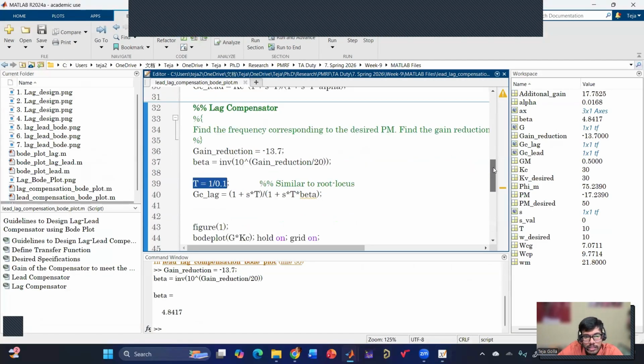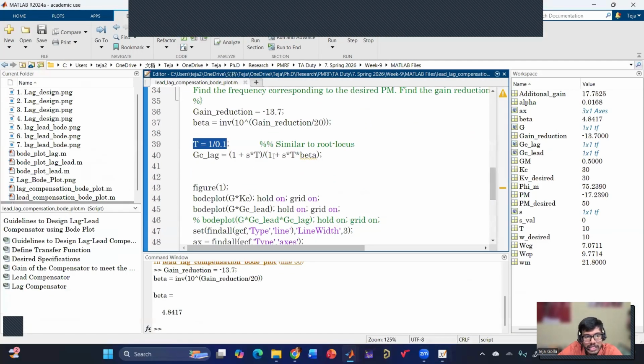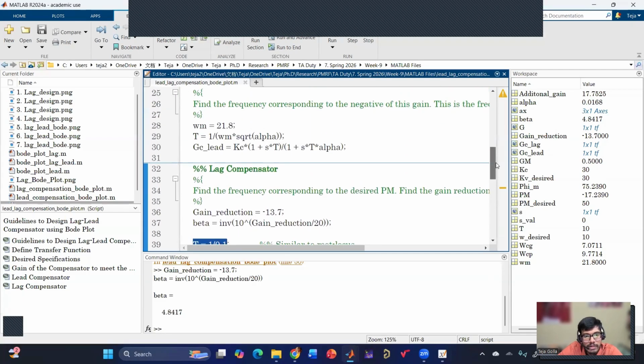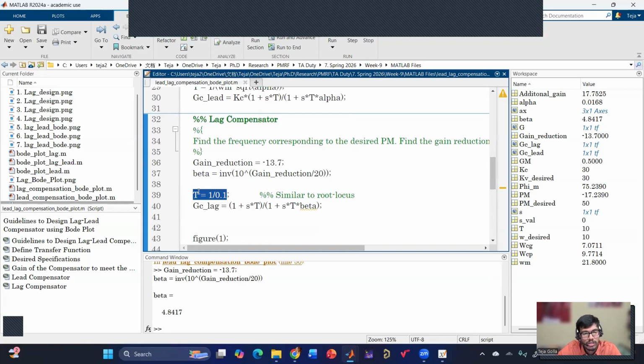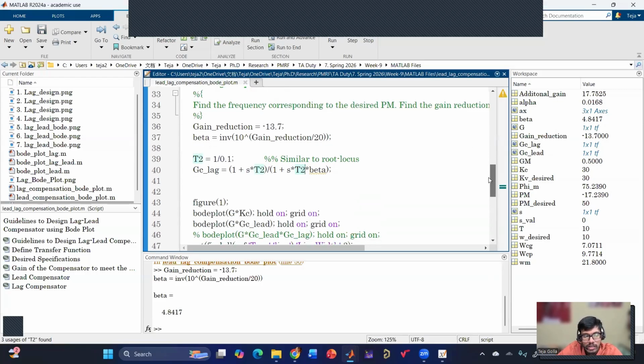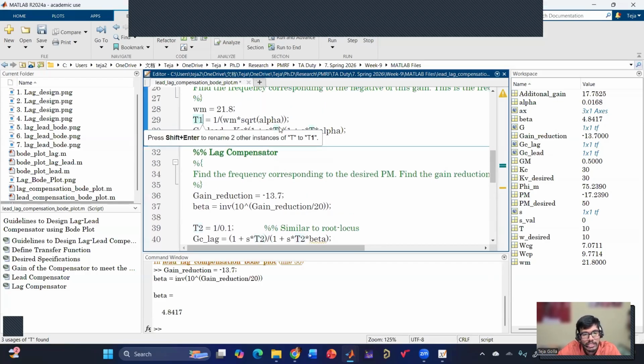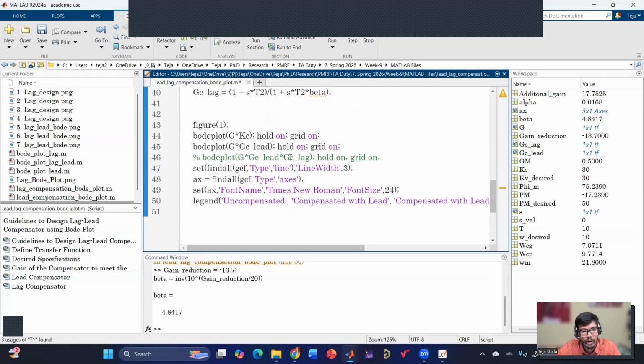Once we do that, then we'll get GC lag, which is (1 plus sT) over (1 plus sT into beta). Maybe I should call this T2, and this will also be T2. So T and T2 will be different, or I can call this T1 instead. So that is T1 and this is T2, just to avoid any confusion.